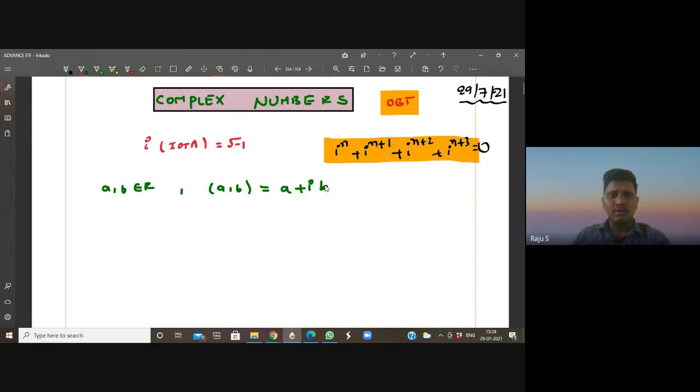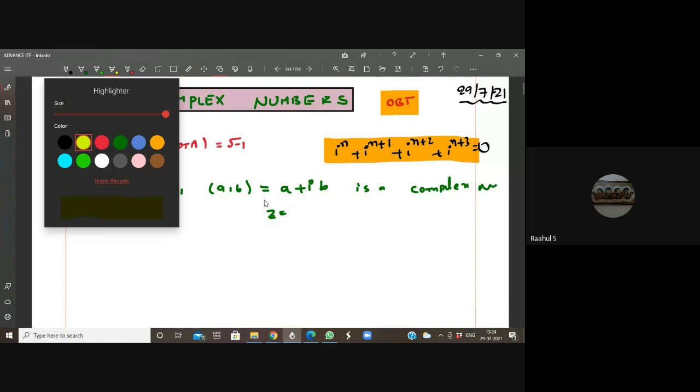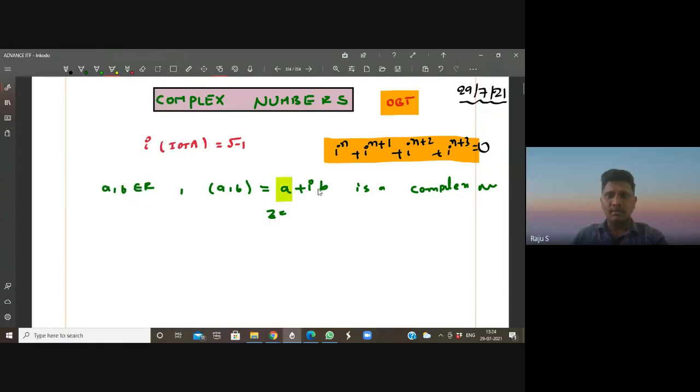The set of all such numbers is called the complex numbers, denoted by z. Here a is called the real part, and b is called the imaginary part. Okay, so that's it.